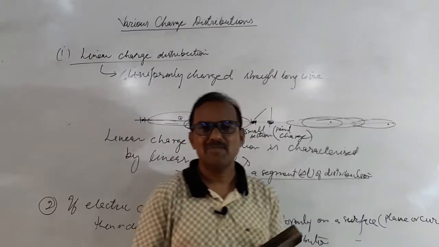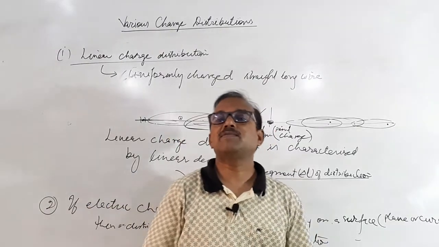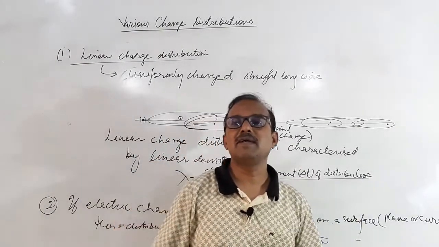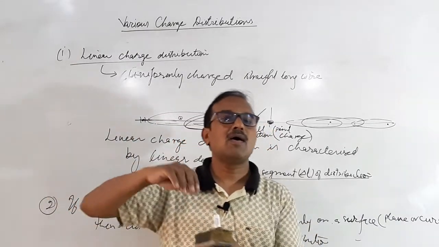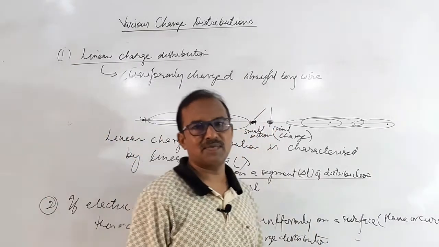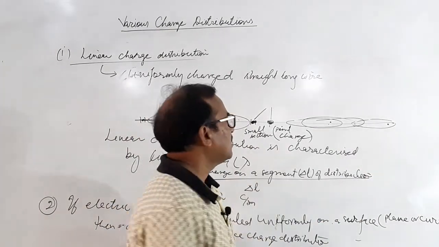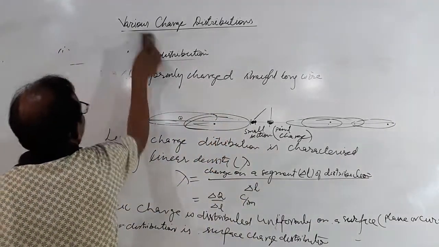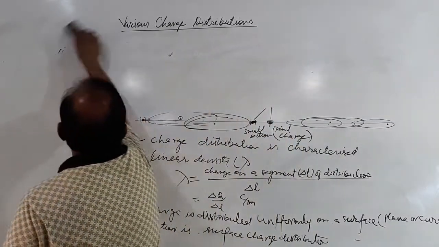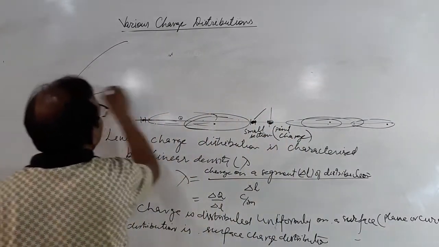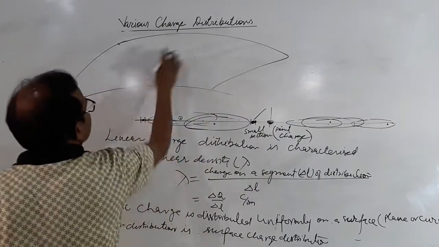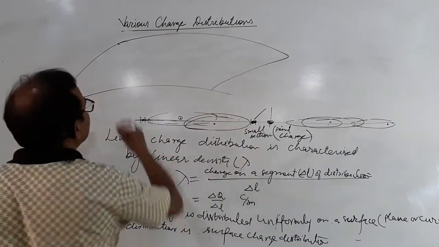So again, charge is uniformly distributed. If the surface is large, certainly one end of the surface or distant elements of the surface will not influence the distant points. So consider a surface here. Let this be a surface, uniformly charged.